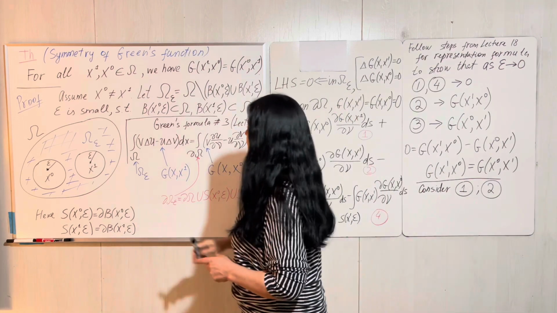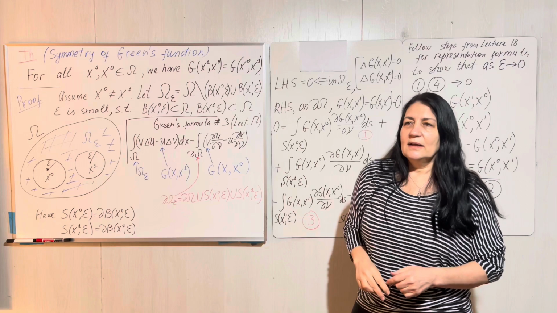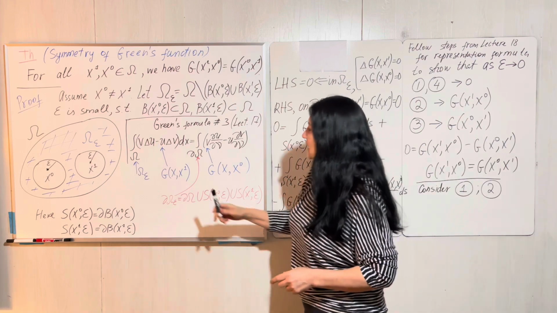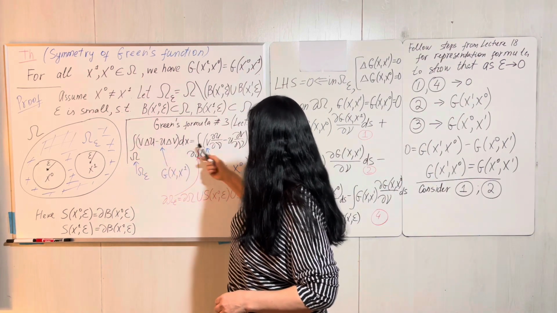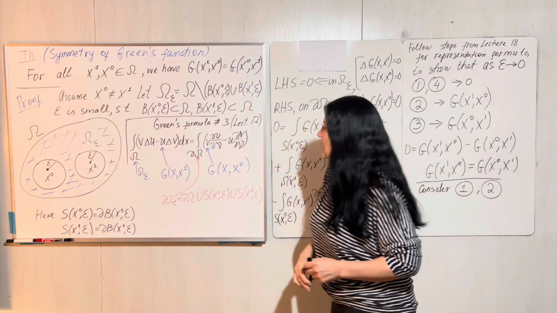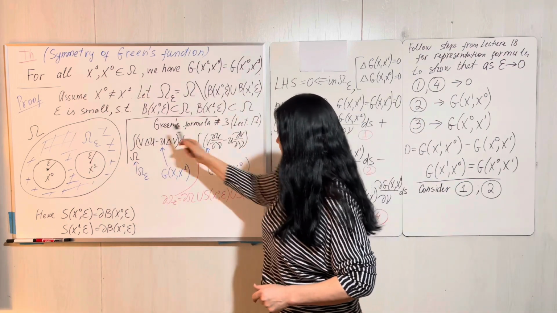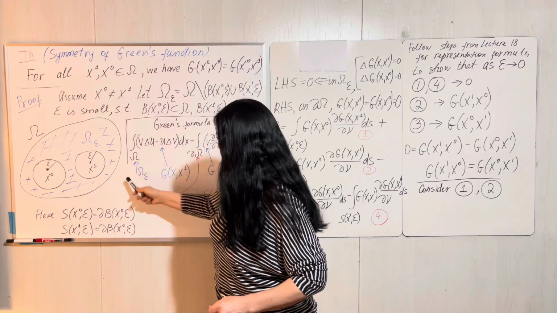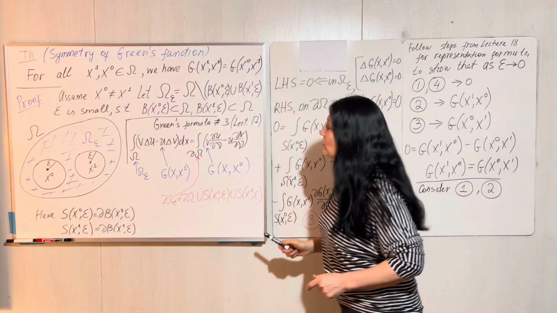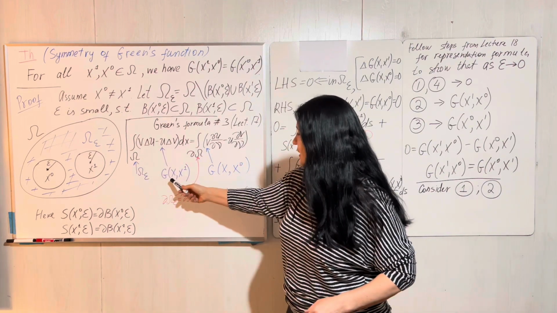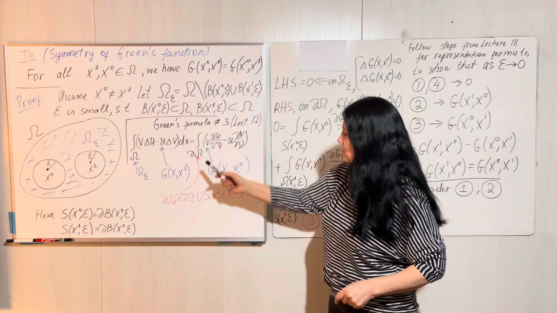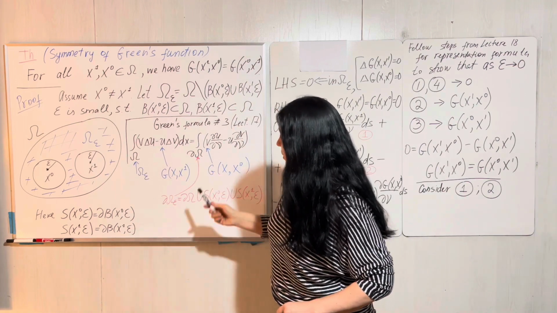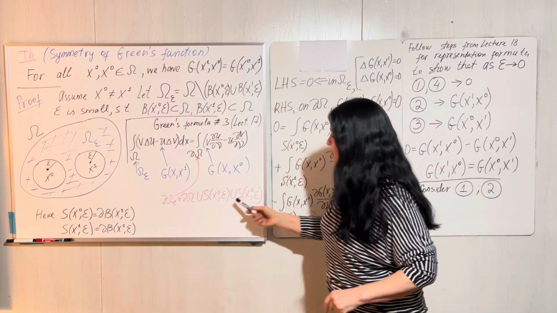And then let's again recall Green's identity, our formula number 3 from lecture 17. We write it here, and we will use this formula. For domain omega, we will put omega epsilon. Our function u will be g of x, x1. Our function v would be g of x, x0. And then the boundary now will consist of three parts.